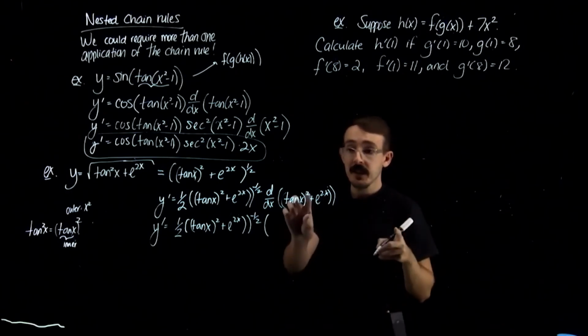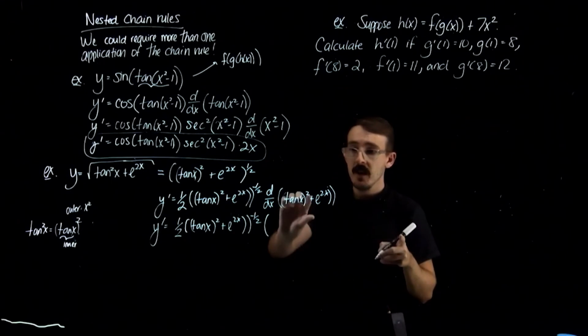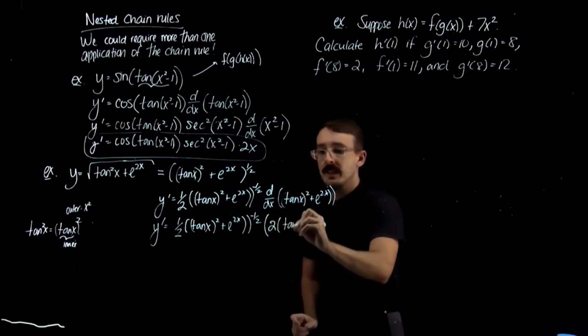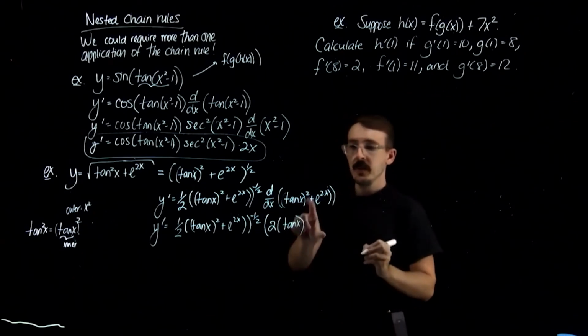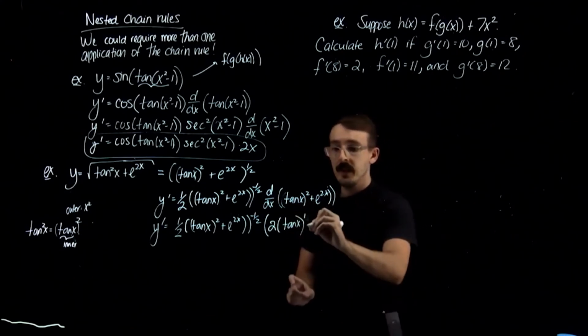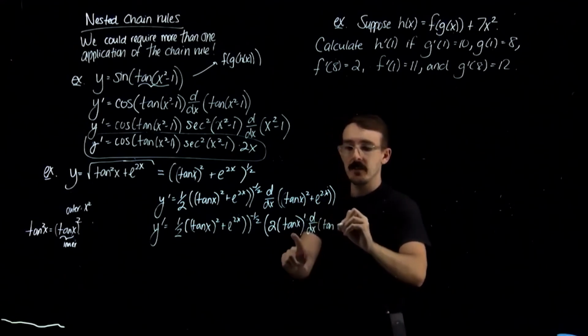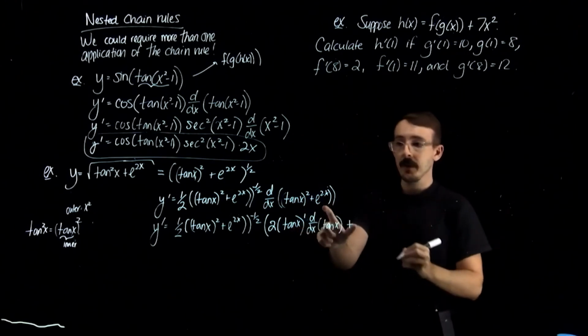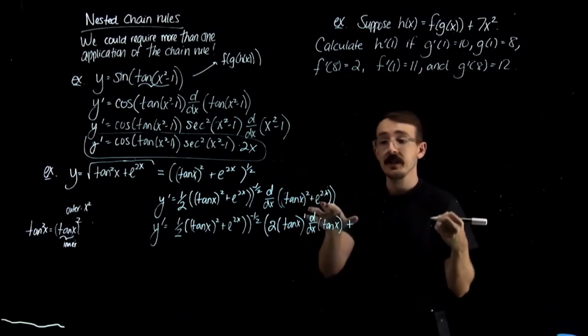But my outer function is a squared function. So for this, I'm going to bring the 2 forward, rewrite tangent x, my inner function. 2 lowers down to 1 because of the power rule. I'm going to multiply by the derivative of tangent. That's my inner function. Plus, now I'm working on this one. The outside function here is e.